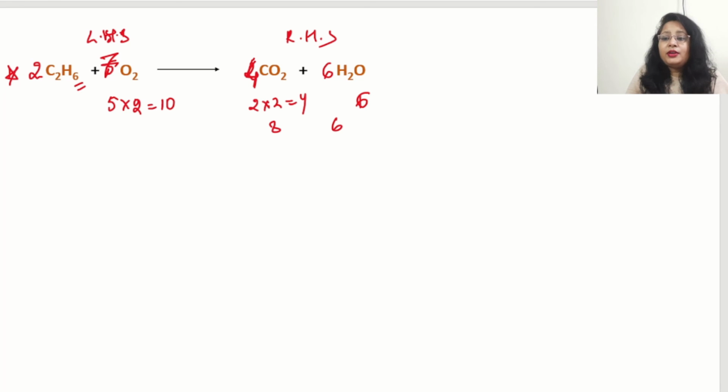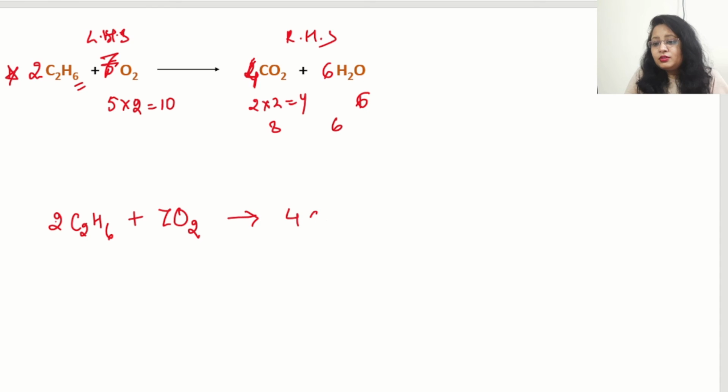So now our reaction is balanced and the final result will be 2C2H6 plus 7O2. It will give 4CO2 plus 6H2O.